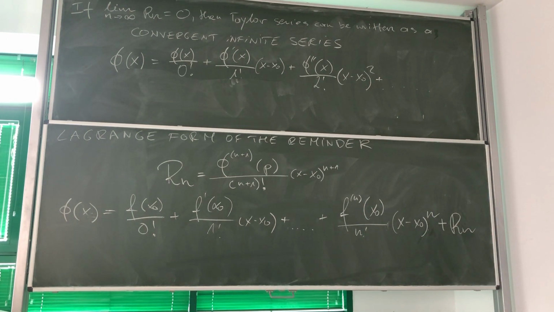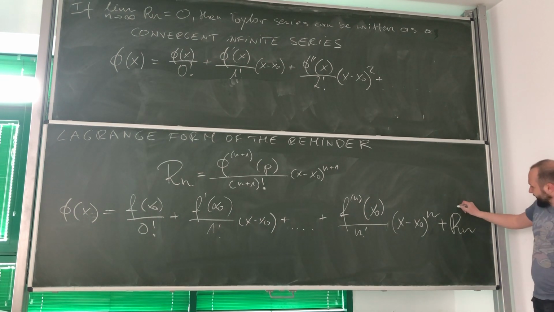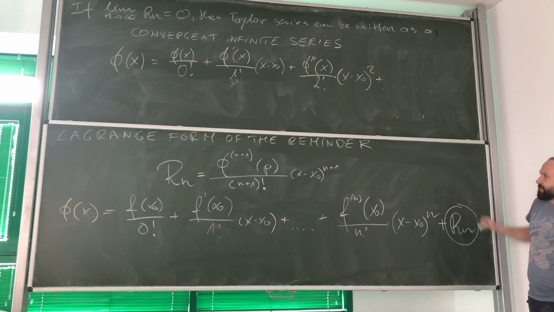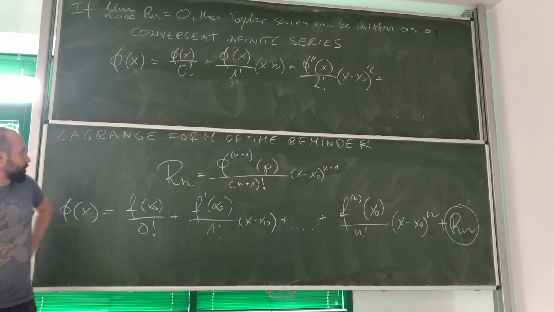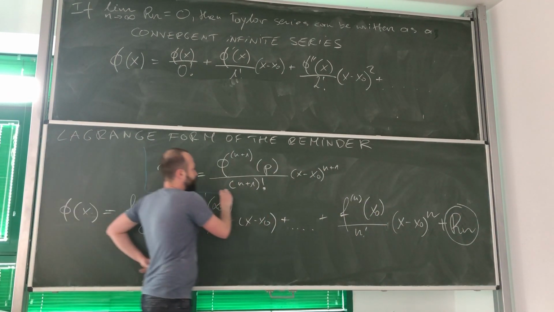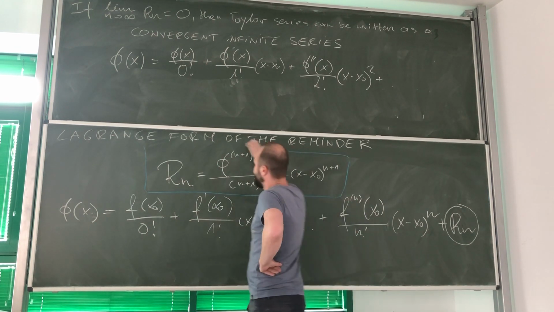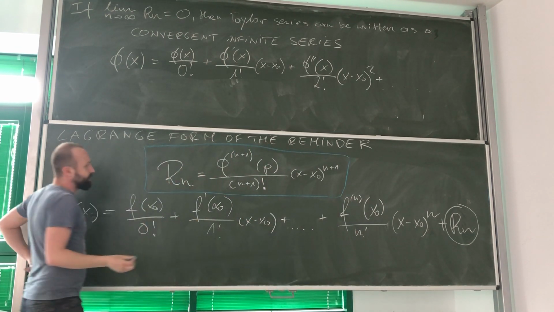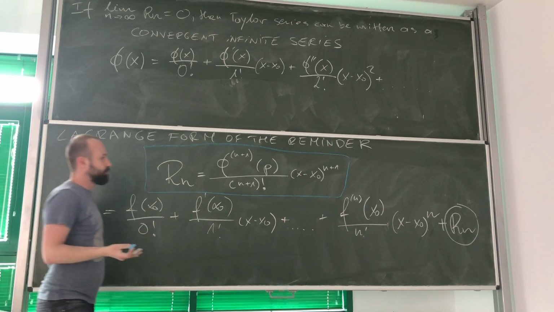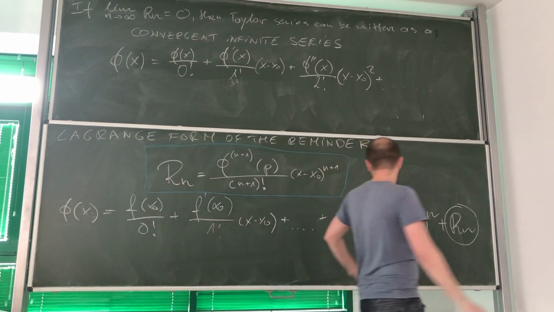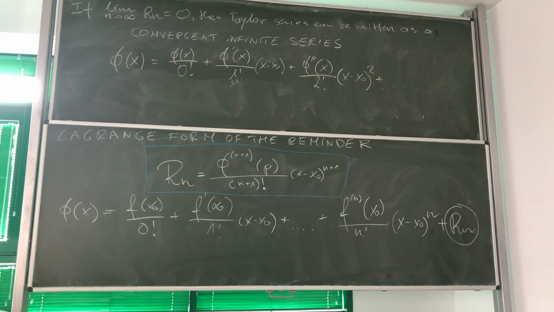Now, what Lagrange proposed is to express this remainder in the following terms. This is the Lagrange form of the remainder. It very closely resembles elements from the Taylor series.